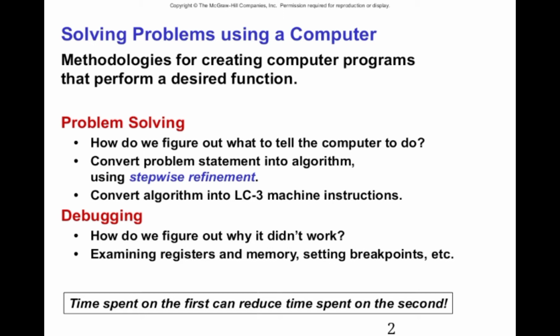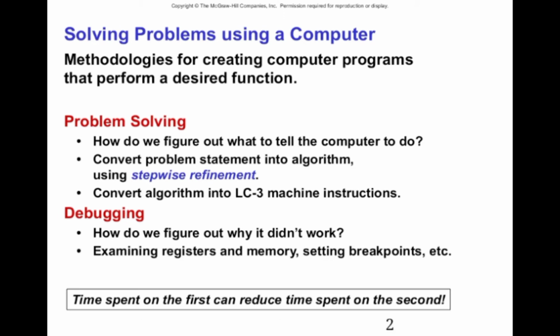When various subsystems or modules are tightly coupled, debugging becomes harder, as any change in one module may cause more bugs to appear in another. Sometimes it takes more time to debug a program than to code it. Debugging can also involve examining registers and memory, setting breakpoints, and so on.